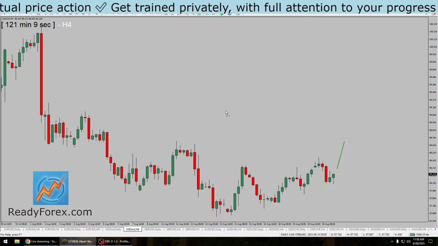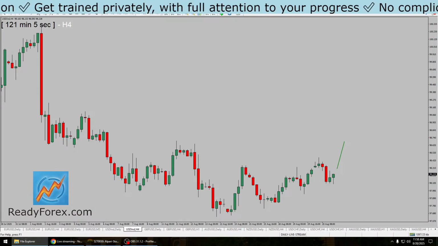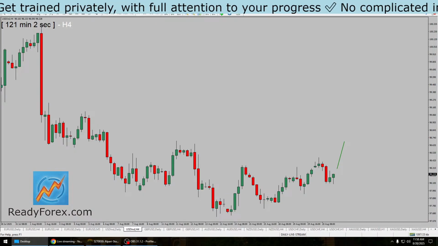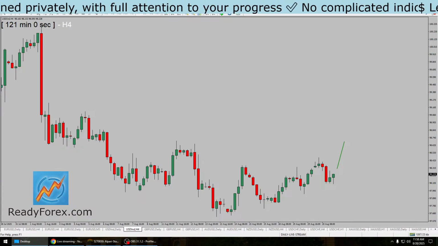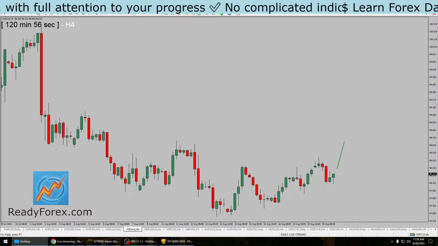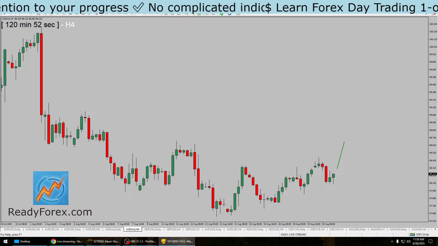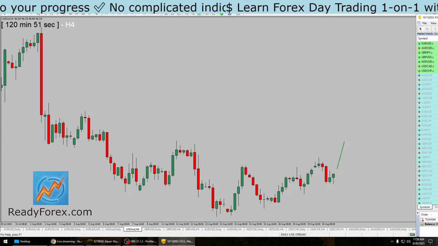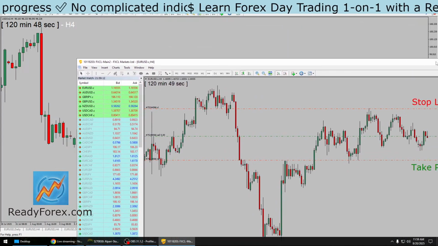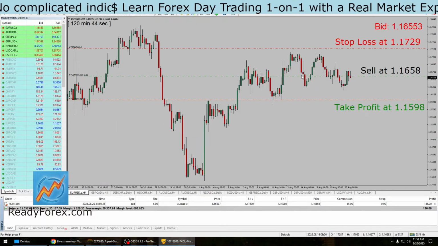One second, go over to the other one. Okay. So the trade which I've just taken in euro dollar, let me chart over here.